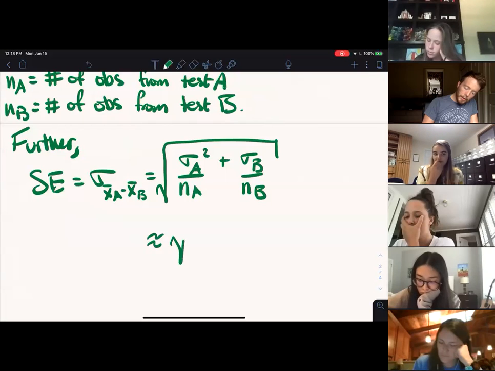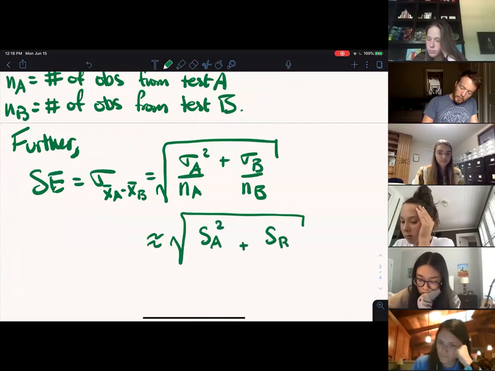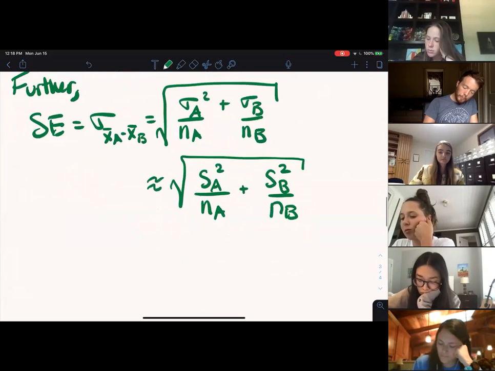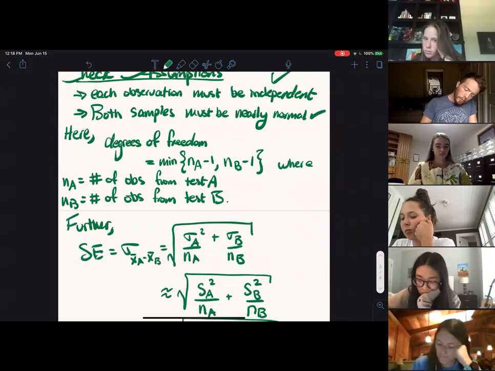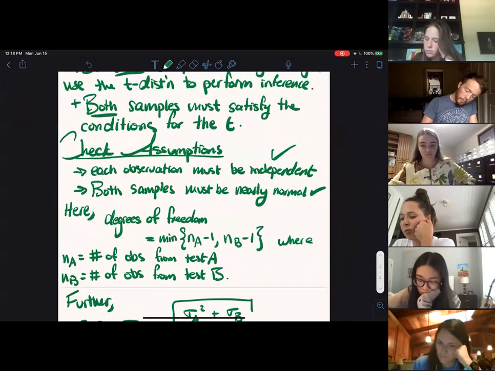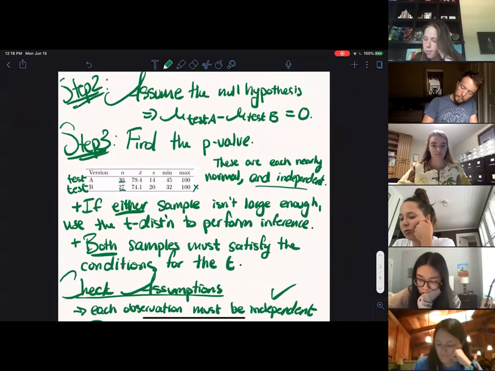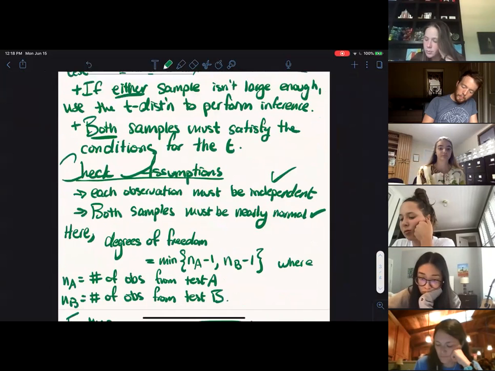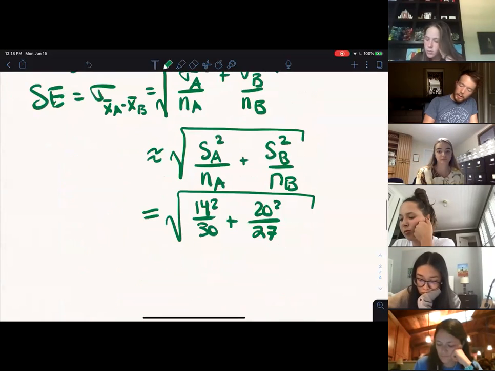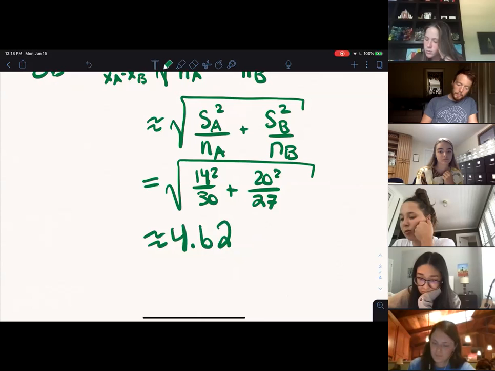But we usually don't know the variances of A and B, so we estimate them with the sample standard deviations squared, which are the sample variances. Which here, if you look at our data, I think we had 14 and 20, right? Yeah, so 14 and 20. Just plug them in. Which, if you listen to your calculator, I think is about this. All right?